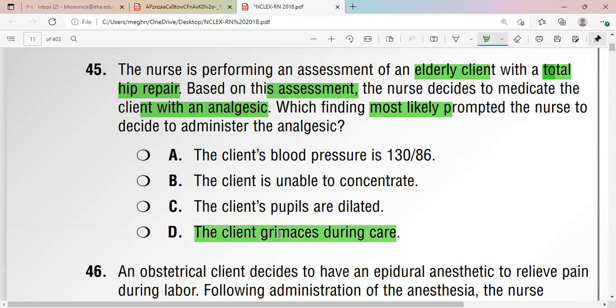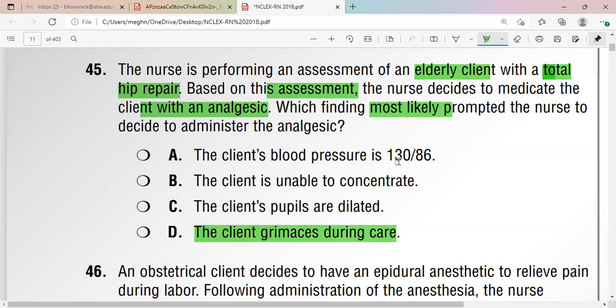Why D? Because facial appearance or facial grimace is an indicator of pain, right? If I have too much pain, it reflects on my face. The blood pressure in answer A is within the normal limit, so it is not a problem.